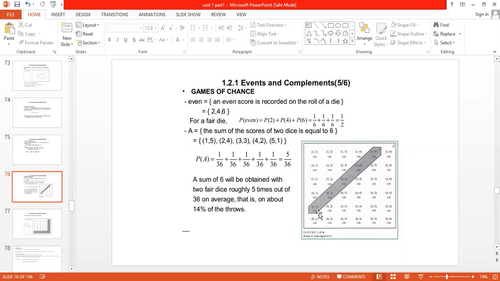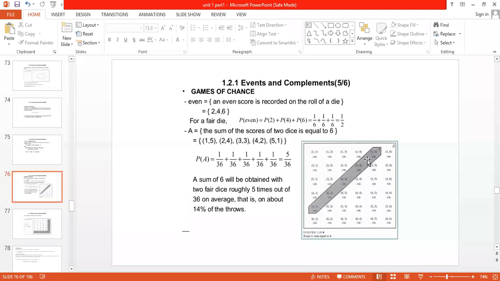Okay. Now how many times are you getting the sum equal to 6? See here, only these are the cases where we get sum equal to 6. 1 plus 1 is 2, no? So you should not take that. So what are the cases where you get sum equal to 6? 1 comma 5, 2 comma 4, 3 comma 3, 4 comma 2, 5 comma 1.